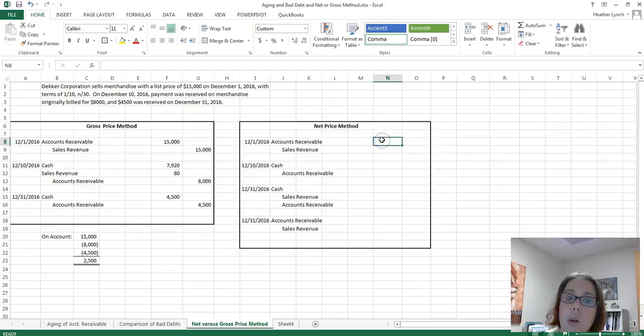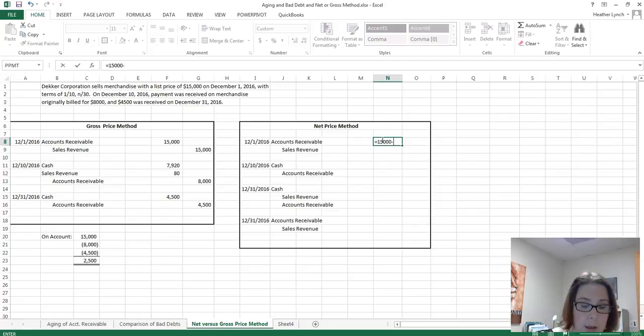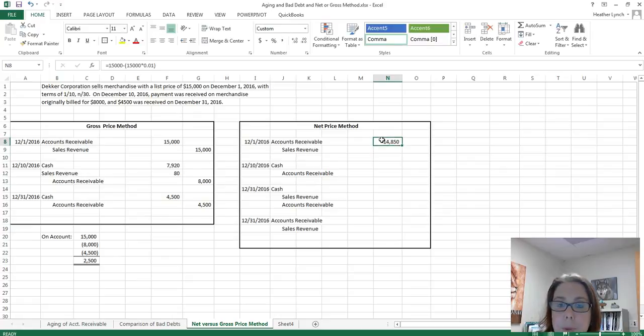So for the net method, we need to already assume that they're taking that discount. This is a new process, fairly new in the accounting world with the merger of FASB and IFRS.